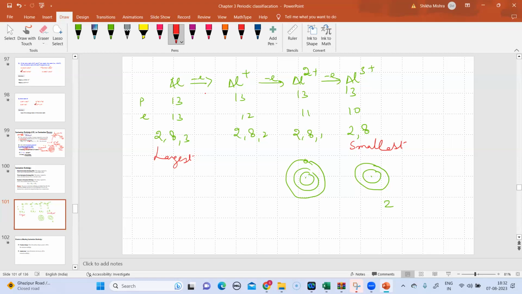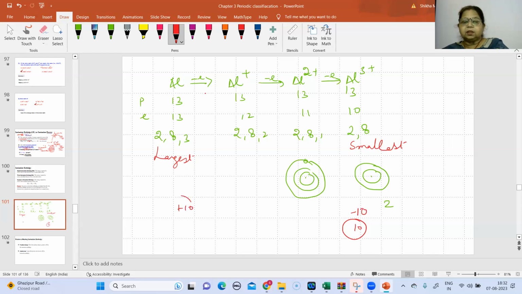Yes, ma'am. Okay, because, see, I again take the same example. 10 people have to attract 10 other people to the center. In this case, 10 people have to attract 13 people, right? So their share will be less, it will be larger in size.